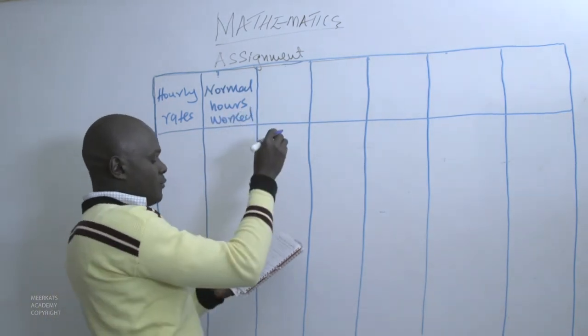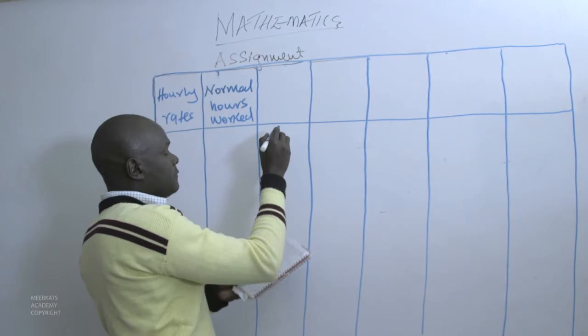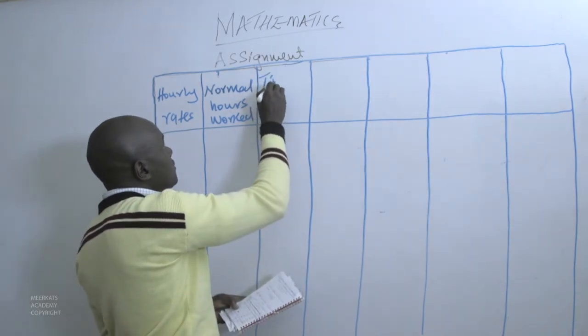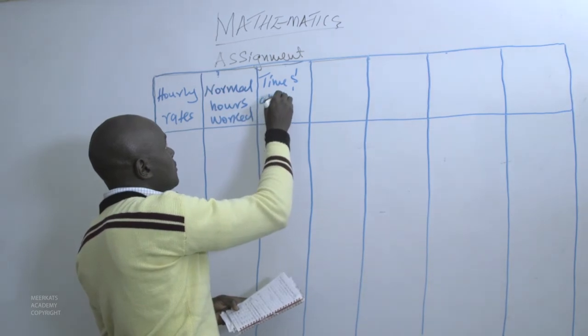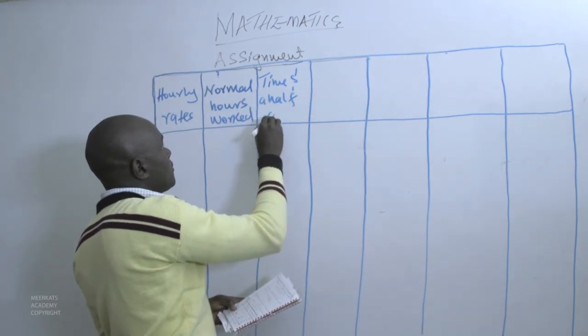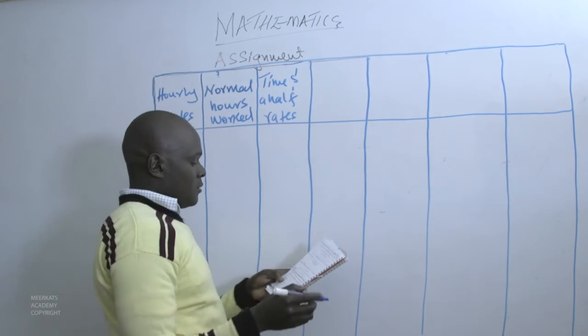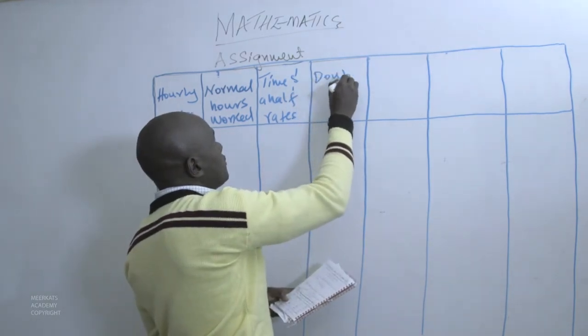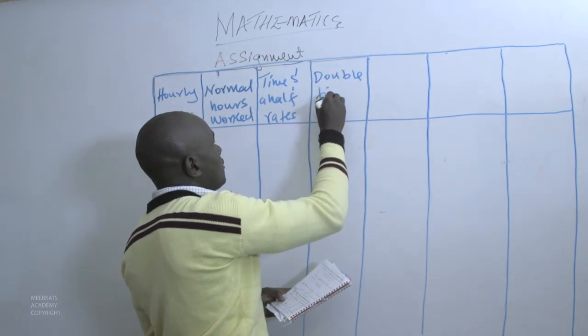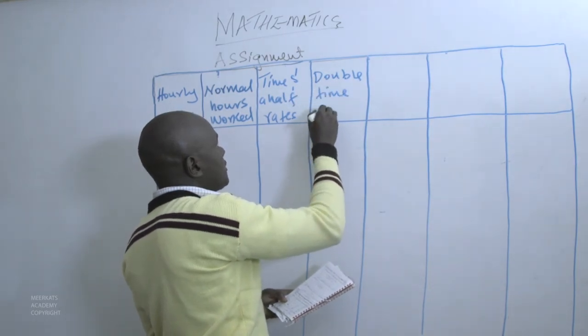In the third column we have time and a half rates. Here we have double time rates.